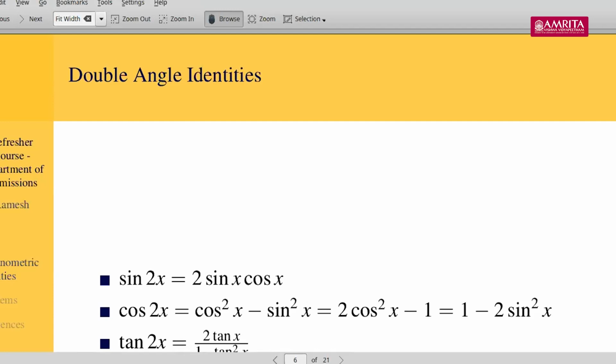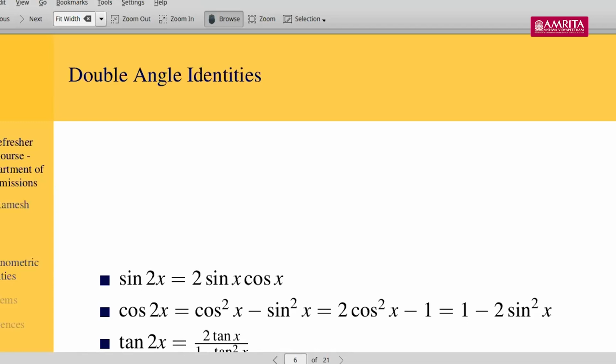And again, cosine of double the angle is nothing but cos square theta minus sin square theta. That is one identity. For another identity, we can substitute sin square theta is equal to 1 minus cos square theta.